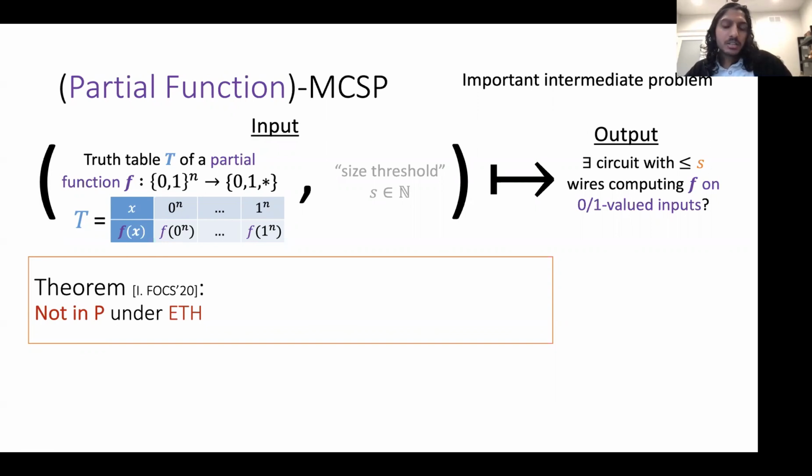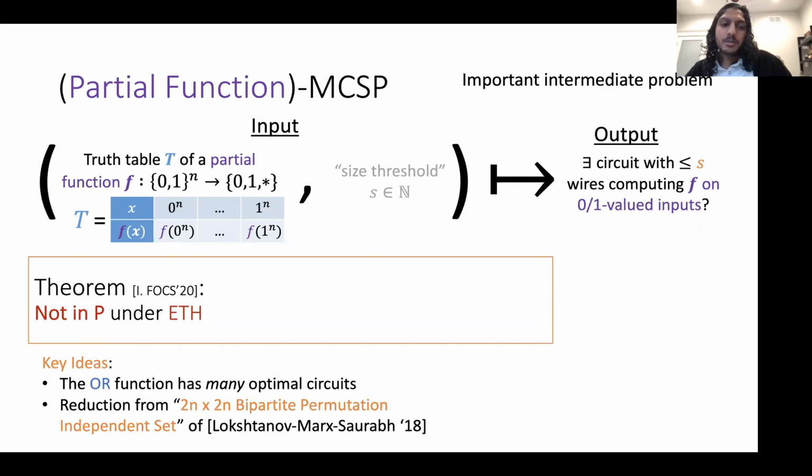I'm not going to talk so much about how this is proved, because I want to talk about how the other result is proved a little bit more. But I'll mention some nuggets about what's important for the proof. One of the key ideas is actually very simple. If you look at the OR function, the very simple function that just outputs the OR of whatever bits you put into it, we know that function has a ton of optimal circuits.